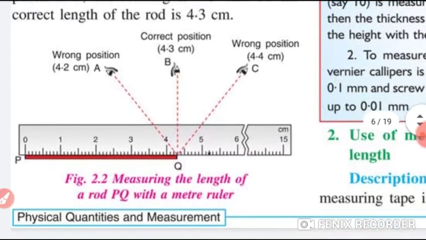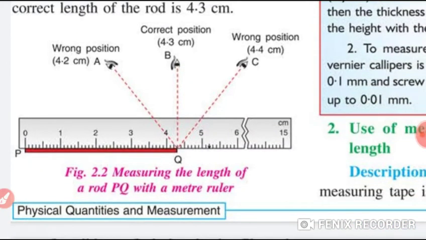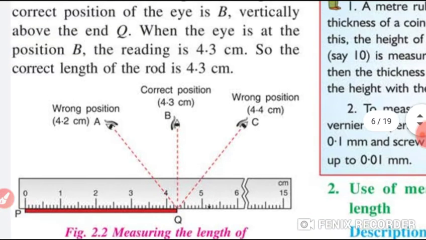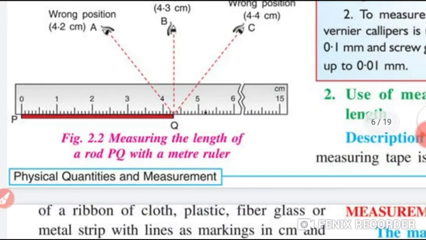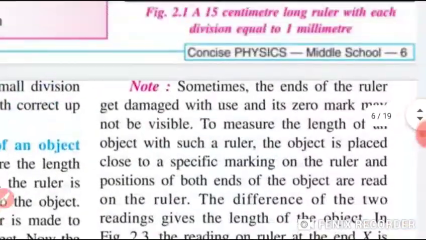So the correct reading of the rod is 4.3 centimeters. Whenever we measure an object, our eye should be straight, vertically above the end point.